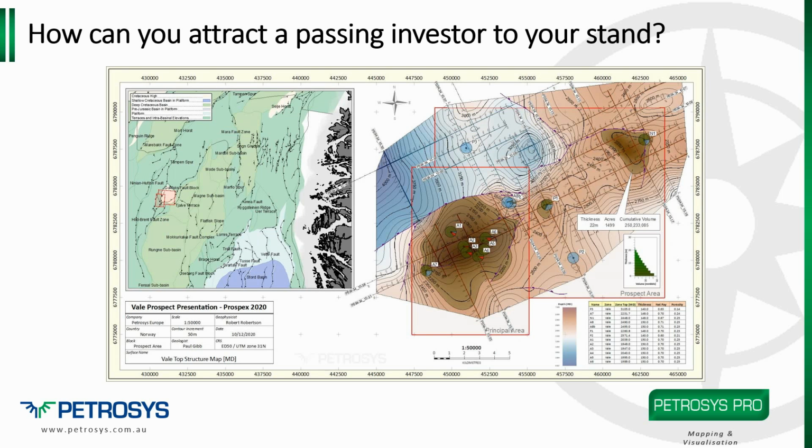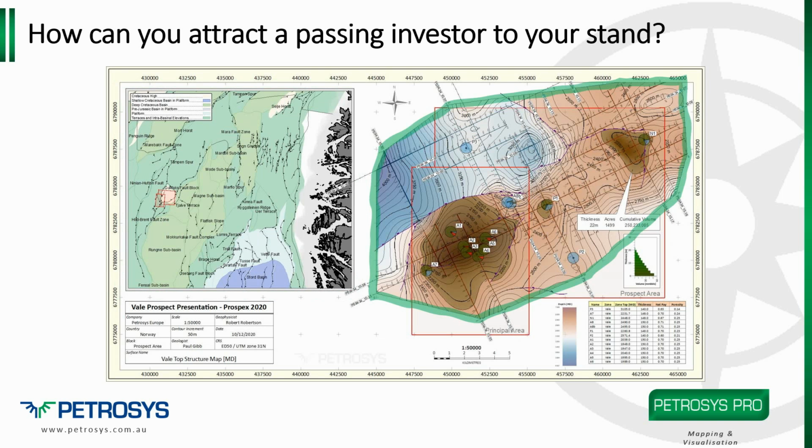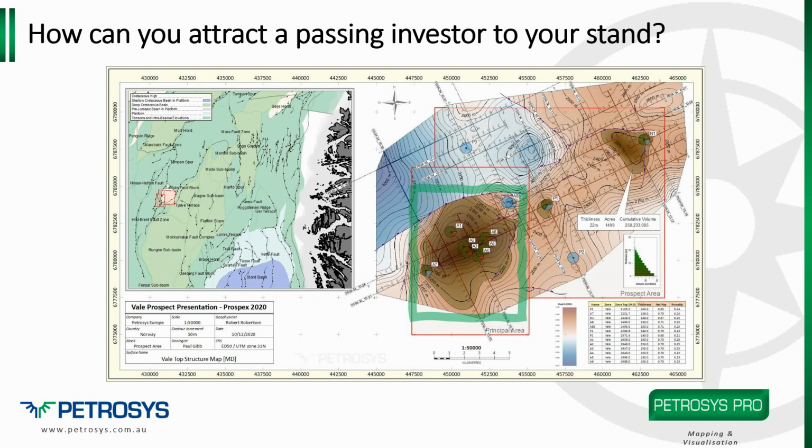The information could include the regional setting, a structural map, the prospect itself, reference to proven regional prospectivity, such as a neighbouring field in the same play, wells, reservoir properties, and volume summaries, as well as the appropriate map canvas information such as title blocks, scale bars, colour bars, and north arrows.